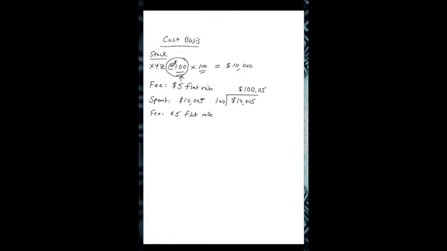So you now have spent $10,000 on the original 100 shares, plus $5 to buy. And now you spend another $5 to sell. Bringing your grand total so far to $10,010.